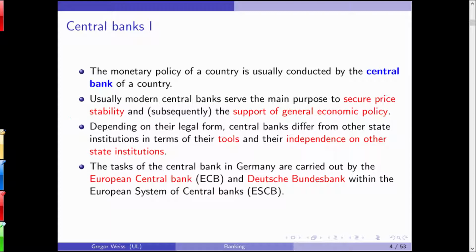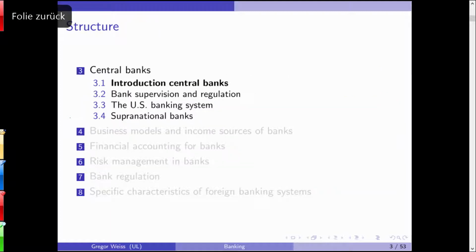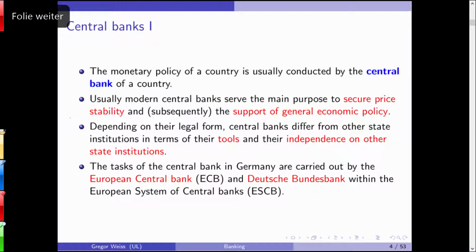And together, the ESCB, the European System of Central Banks, is the central bank for the European Union countries. It's a little bit complicated because the majority of countries in the European Union are also part of the Eurosystem. And for the countries which are in the Eurosystem, the European Central Bank, of course, plays a much larger role.